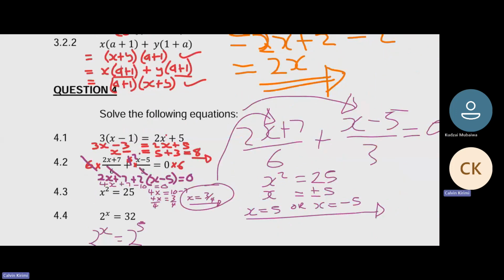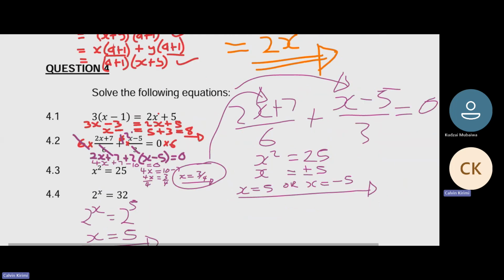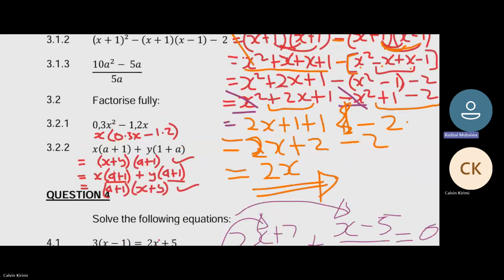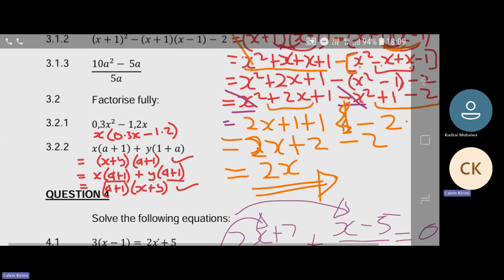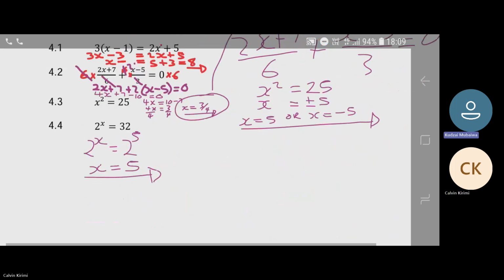Can you see that there's a difference between solving for x and factorizing? No, sir. It's fine, we can move on. Should we continue? Hello? Yes, sir. All right.